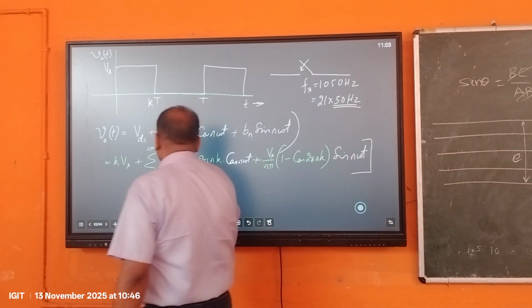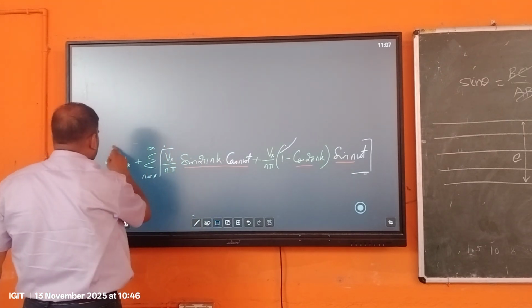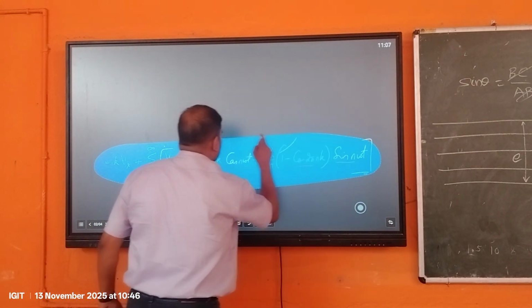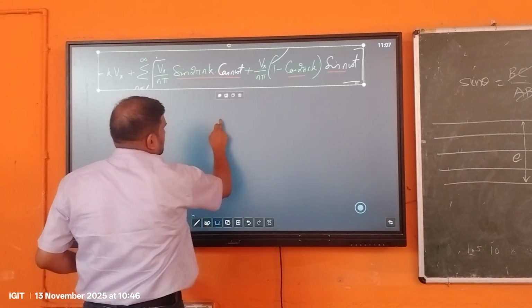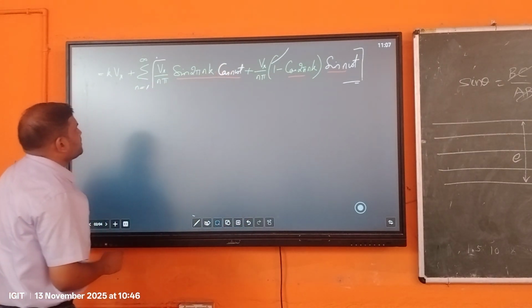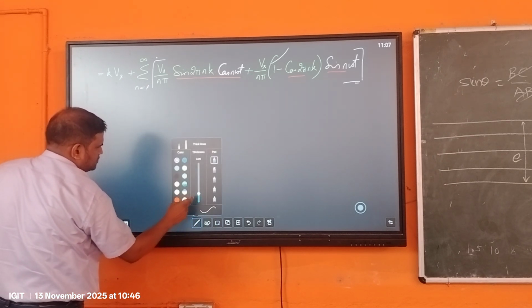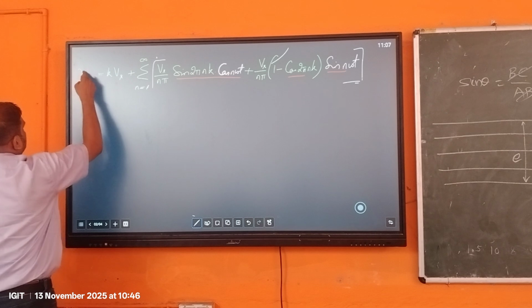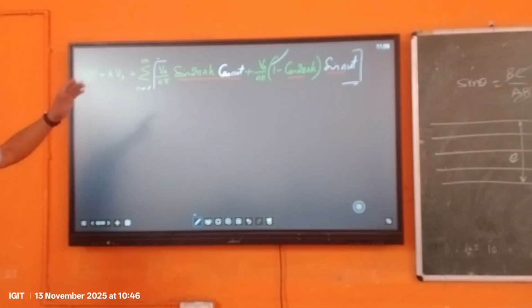Okay, let us put all these things in, and this is nothing but v0 of t, equal to this big line.